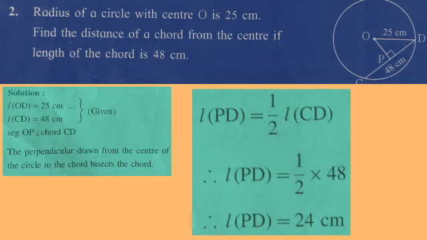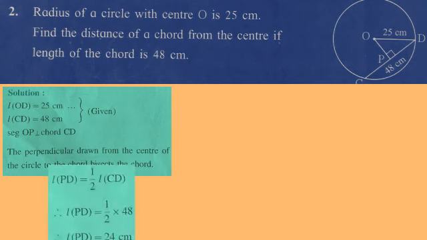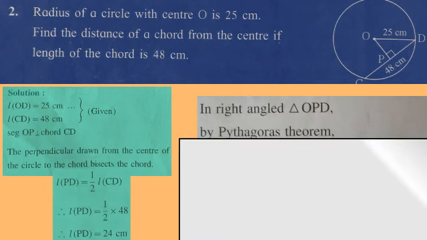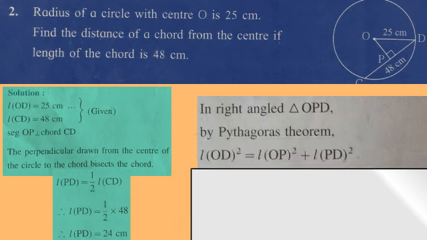Now students, if we look at the right angle triangle given in the figure, that is triangle OPD, we can easily use the Pythagoras theorem to find the value of OP. So let's write it. In right angle triangle OPD, by the Pythagoras theorem, length of OD, that is the hypotenuse, squared is equal to length of OP squared plus length of PD squared.